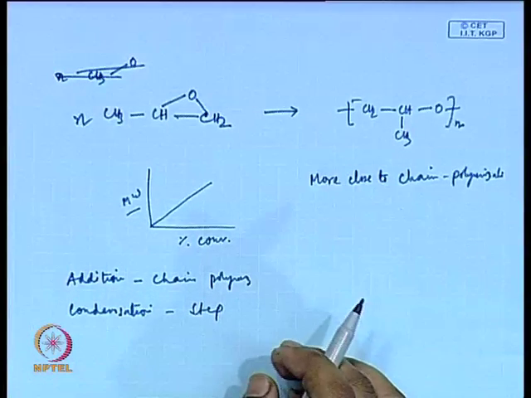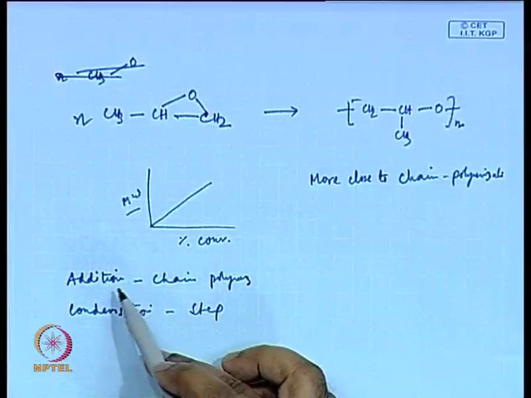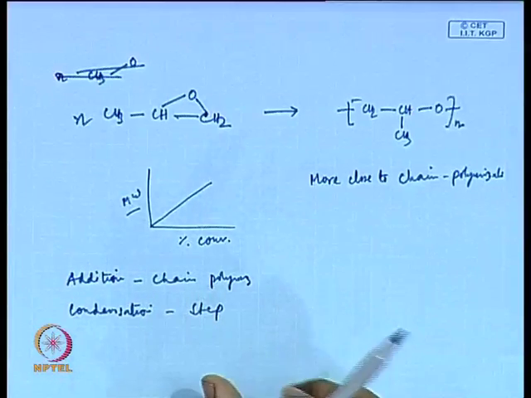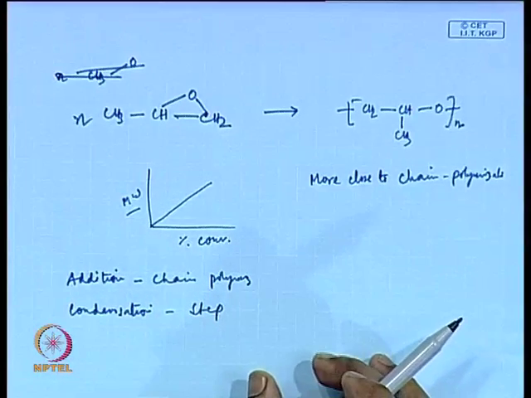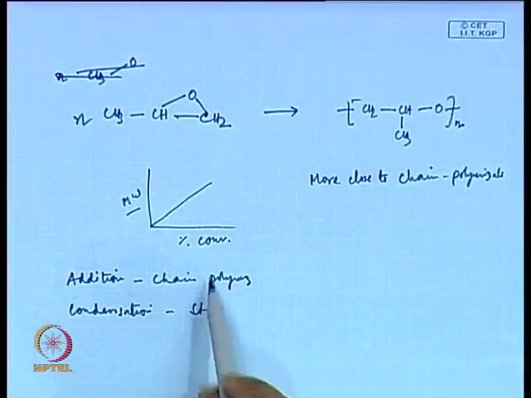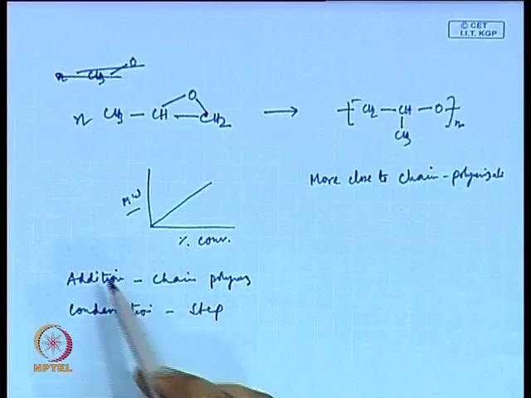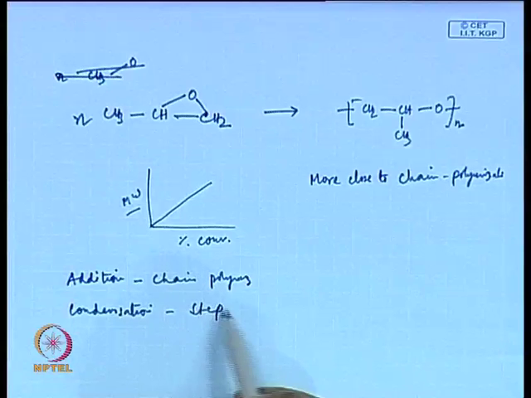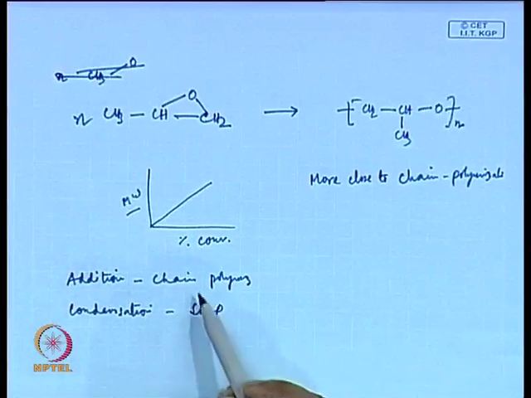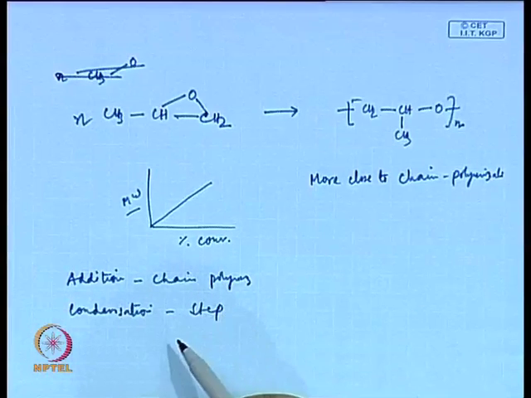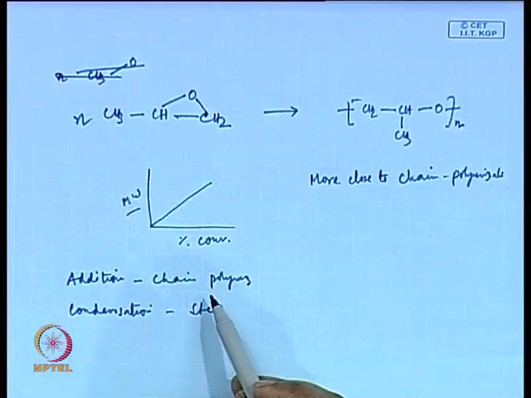You should remember that though these addition and chain polymers are quite similar in terms of structure, and most of the chain polymers are made by addition reactions and most of the step polymers are synthesized by condensation reaction, they are different, they should not be used interchangeably.